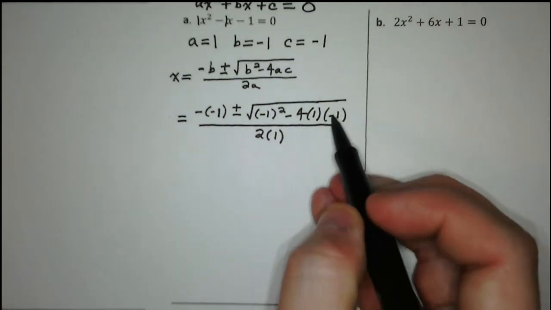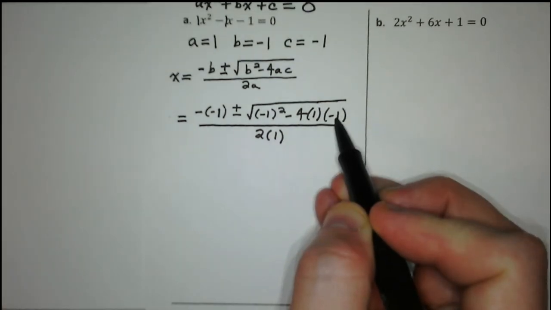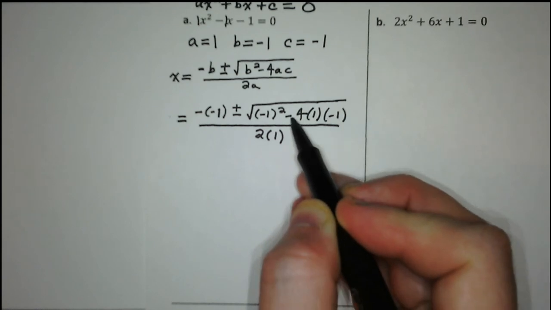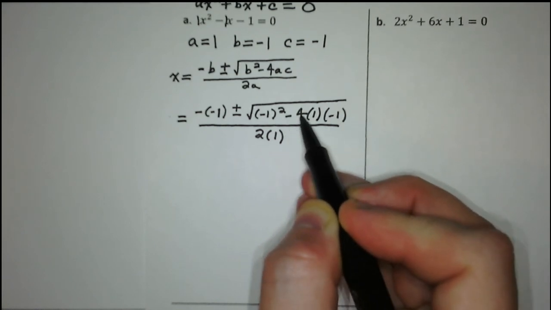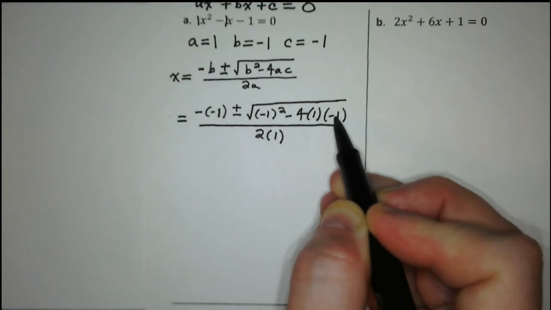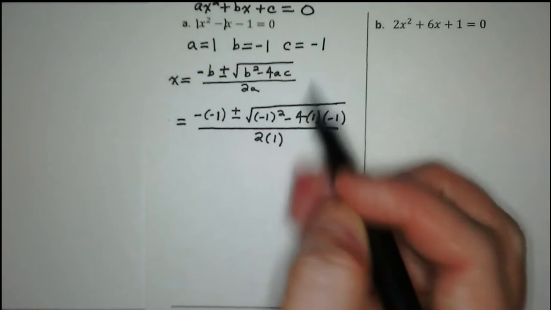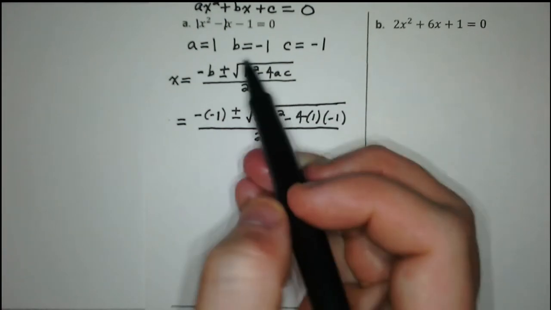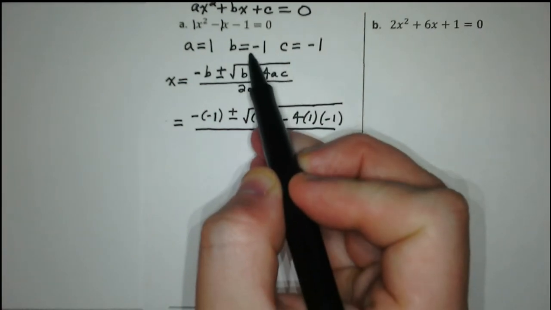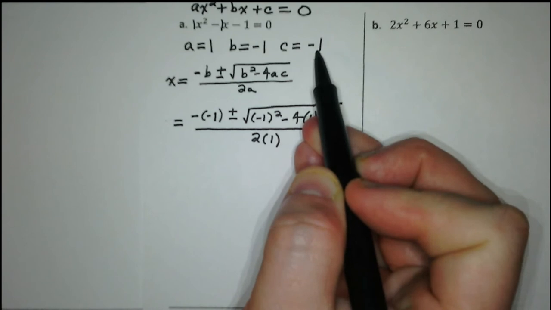answer. And then also here, look, my C value is negative. That can screw people up when you have minus 4 times something negative. So again, what I'm saying is don't mishandle all these negatives that you might have. This is actually a really good example because of having a negative B value and a negative C value.